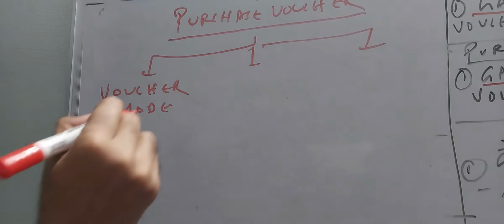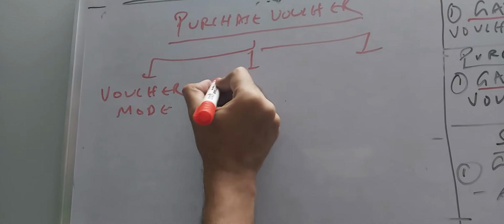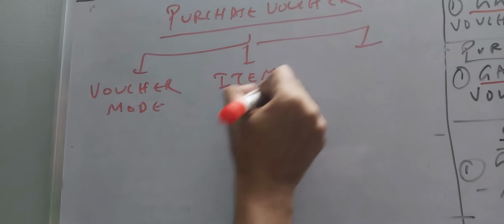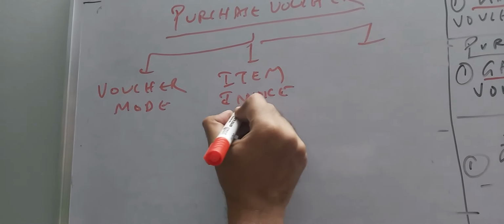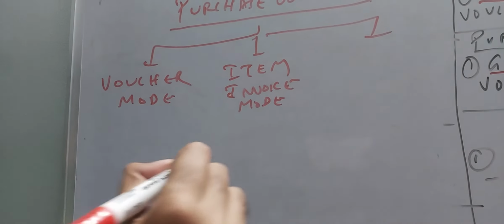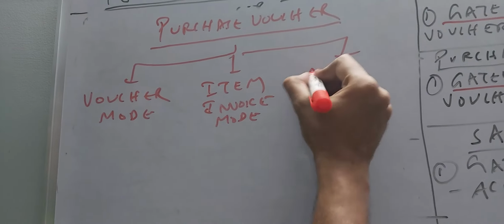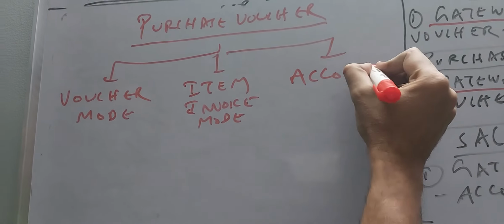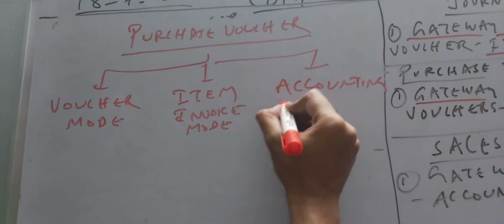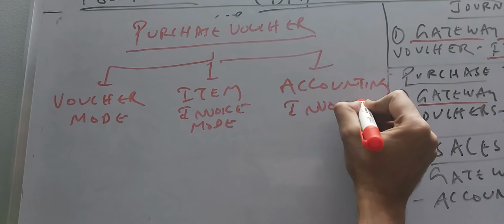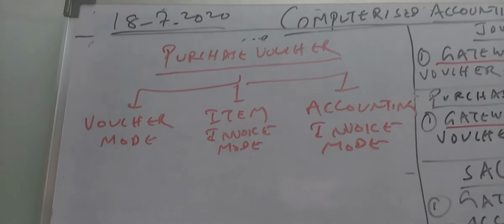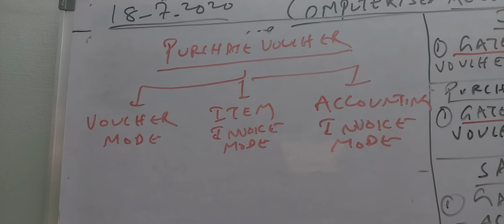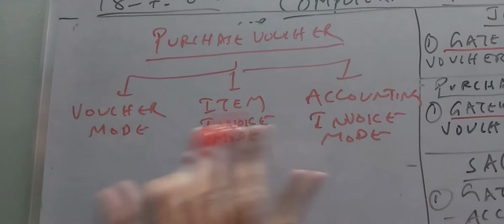The second mode is item invoice mode. The third mode is accounting invoice mode. So these are the 3 different types of mode where you can enter the purchase voucher or the sales voucher. I'll explain the first purchase voucher. The same will apply for the sales voucher.